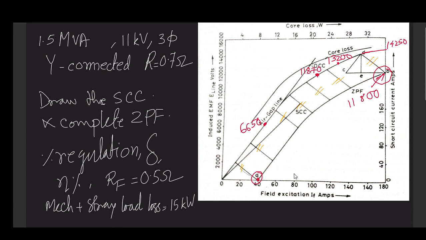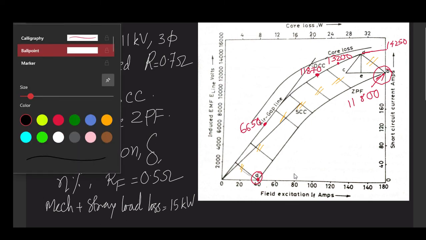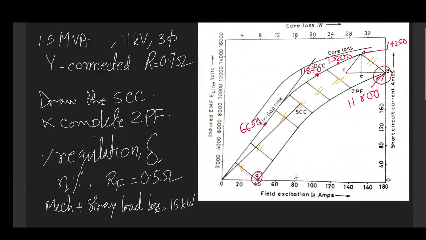Another way you can do, that is also possible. Once you construct this triangle, you can slide this triangle keeping D on this OCC, the same thing I am telling you, and ensuring this BC remains parallel to the horizontal axis.